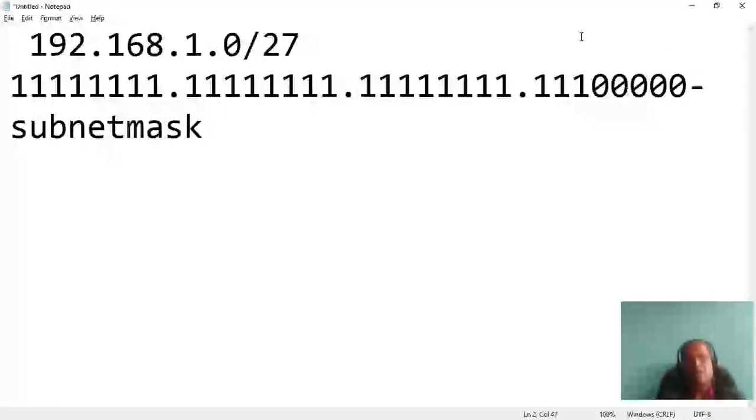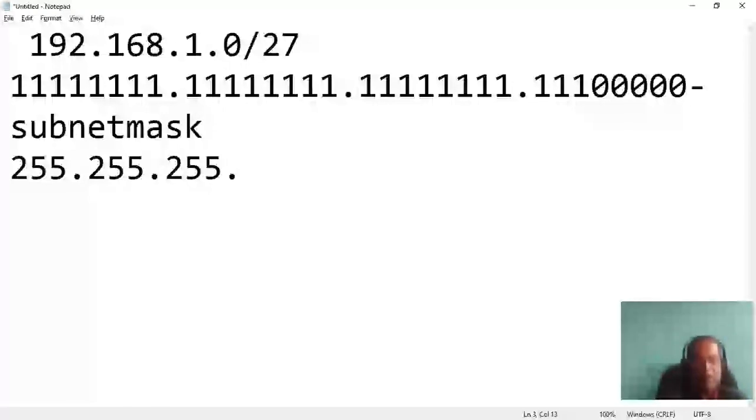Now when I convert this into numeric form, this would be 255.255.255.224. How 224?